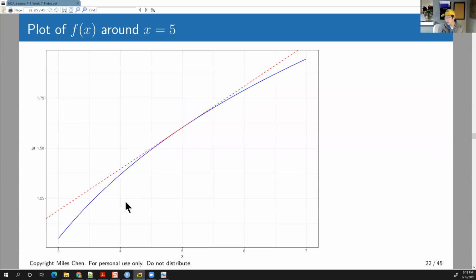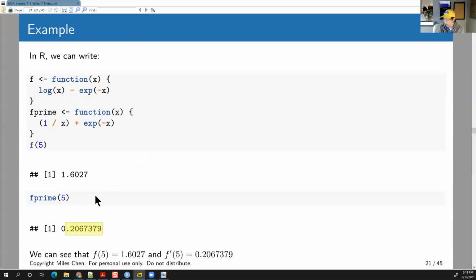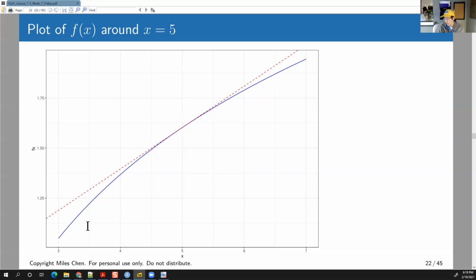Here's the graph of f, and at x equal to 5, this is the tangent line. The slope of this tangent line is 0.206. It looks a lot steeper than that, just because the scale on the vertical axis is greatly different from the scale on the x-axis. But this is the tangent line at x equal to 5.